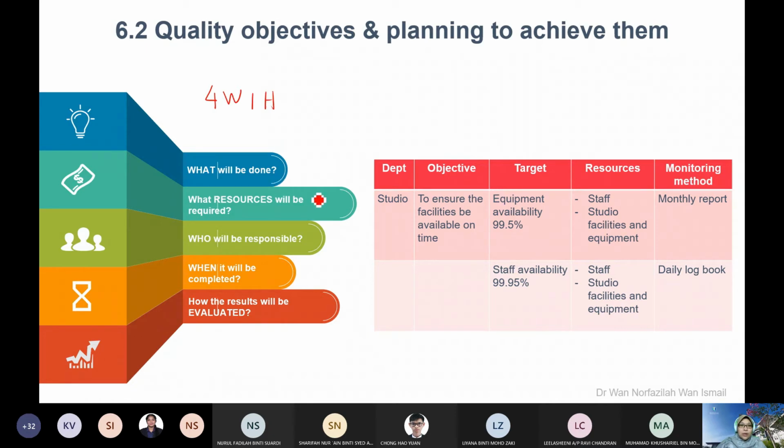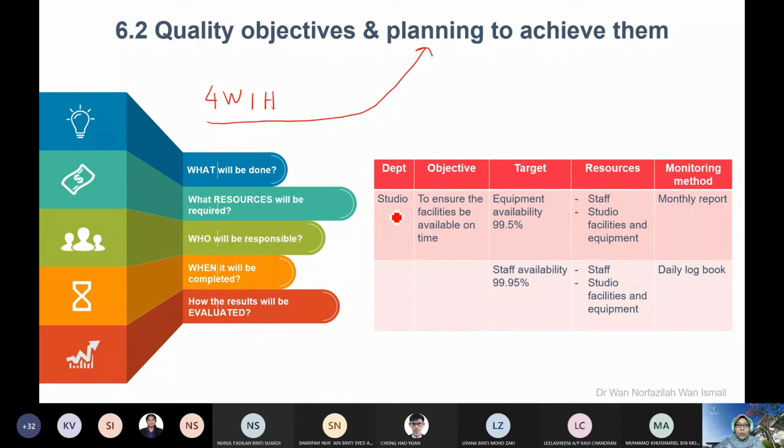You need to answer all these 5 questions in order to achieve your quality objective. And while answering these 5 questions, you are actually planning to achieve them. Okay, you are given the example on your right hand side.